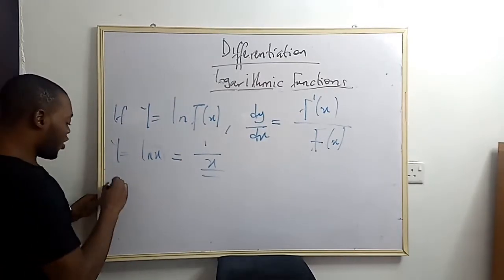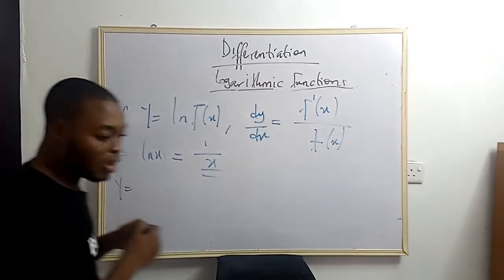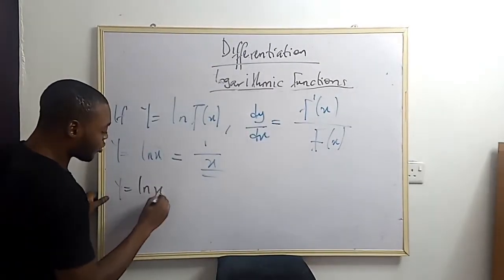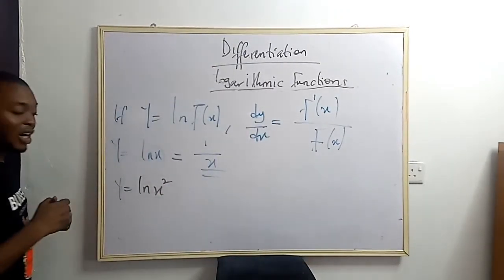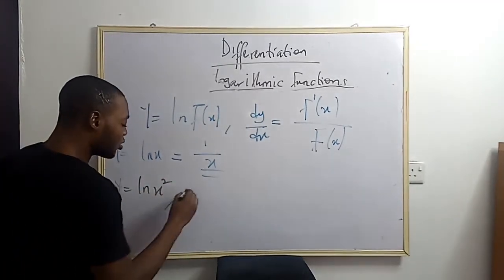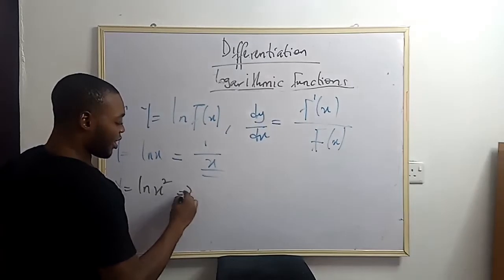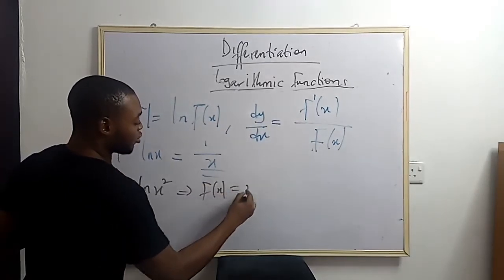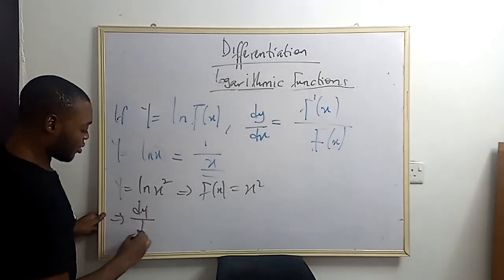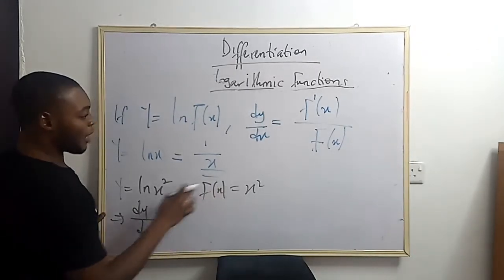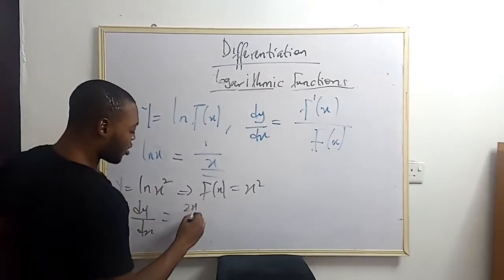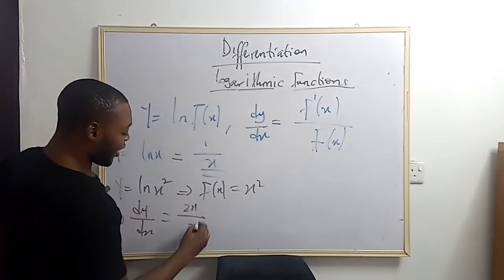If you have y equal to, say, log x squared, then our f of x is x squared. So dy/dx will be equal to f prime of x, that is differentiating x squared, which is 2x, over f of x, which is x squared.